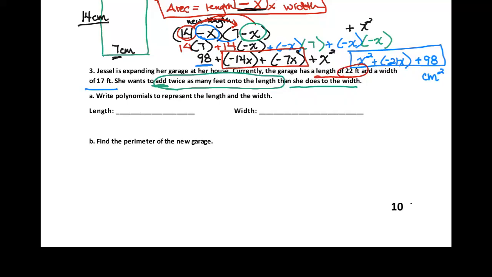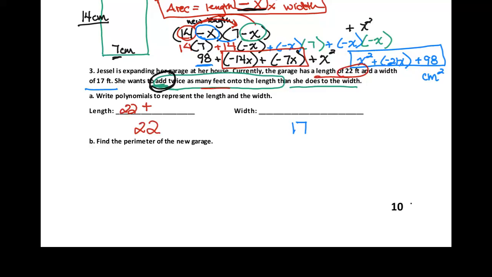All right, we're talking about her garage. The original, I'm going to put the original underneath. So it was 22 feet. And the width was originally 17 feet. She wants to add, so what operation is that going to be? Plus, right? So I'm going to say 22 plus, she wants to add twice as many feet onto the length than she does to the width.